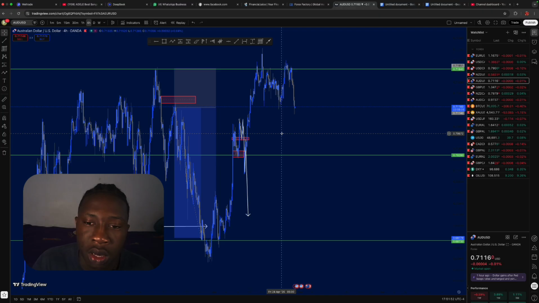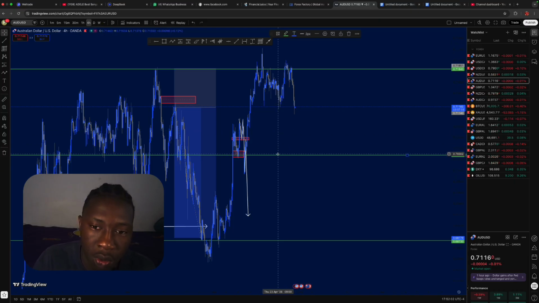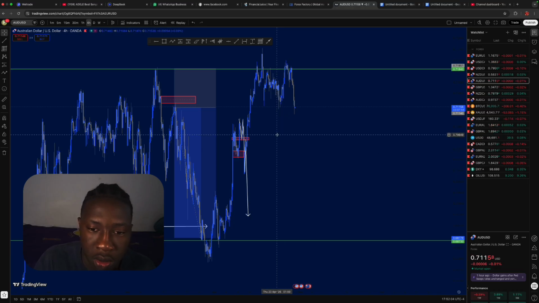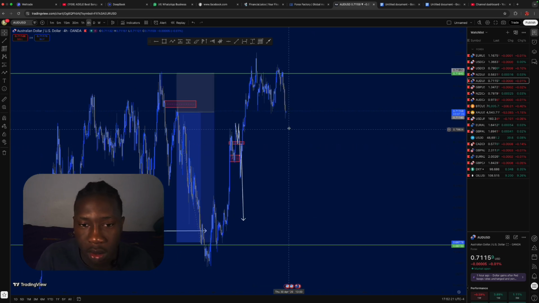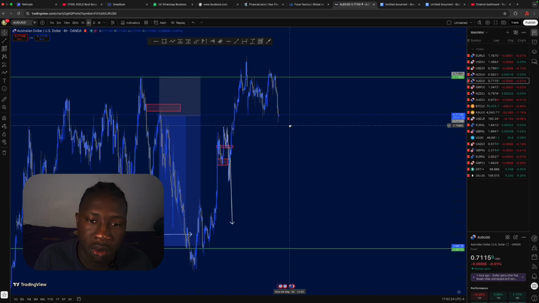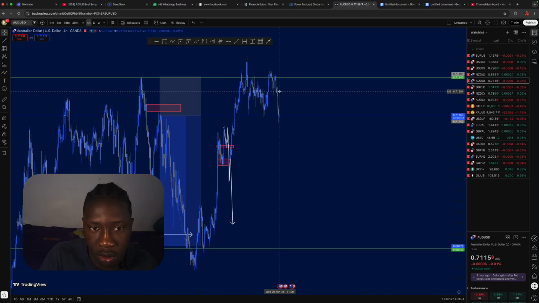The Australian dollar is always like, if the price of oil goes higher, the Australian dollar is going to be weak, because the pair is mostly influenced by the shortage of oil in the country. So right now we are looking for sell orders for this one.